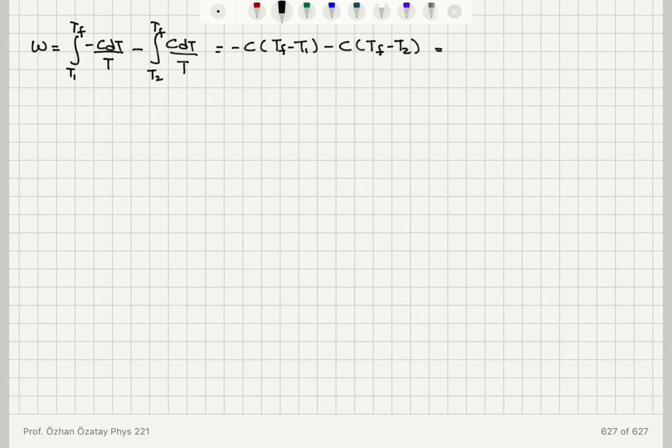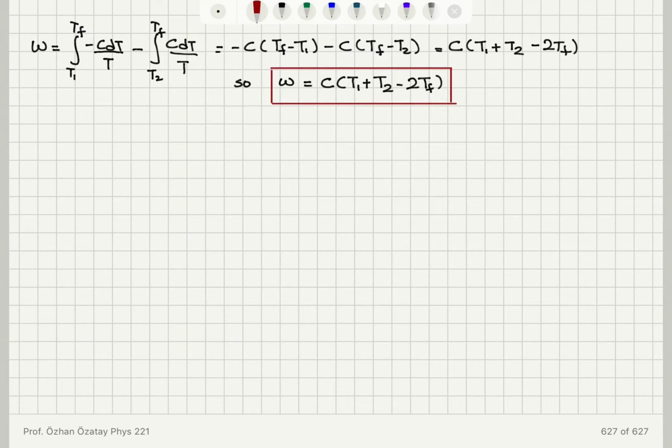So I'm going to get C times (T1 plus T2 minus 2T final). So my final answer, work done by the engine, is C times (T1 plus T2 minus 2T final).